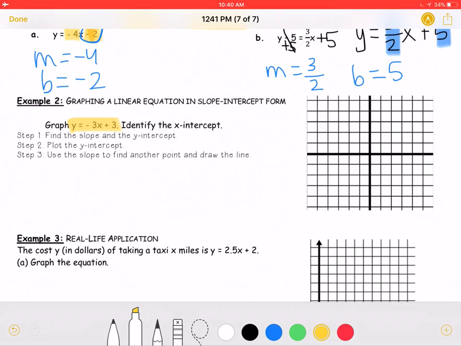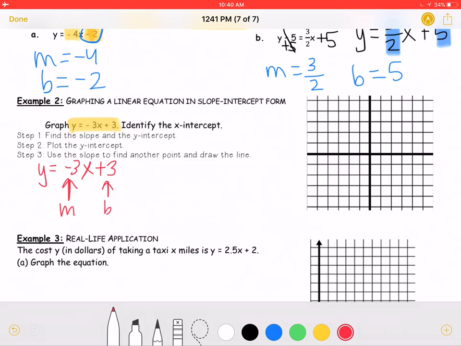Those are the two things that are going to help us to graph this equation. So first, I'm going to rewrite it: y equals negative 3x plus 3. So negative 3 is our slope, and positive 3 is our y-intercept.